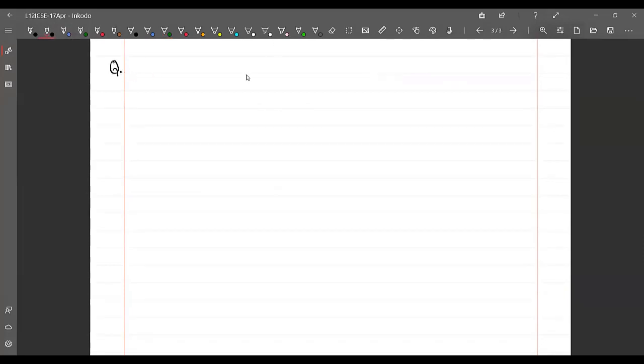Next question. Suppose there are 6 charges arranged in the form of a regular hexagon. A regular hexagon has all the sides equal, and the internal angle in the regular hexagon is 120 degrees. So we have 6 point charges, and the charges are like this.